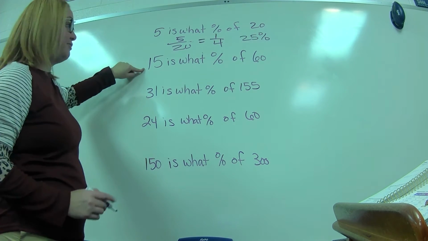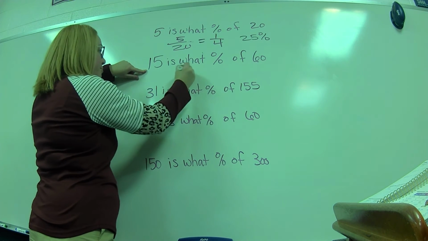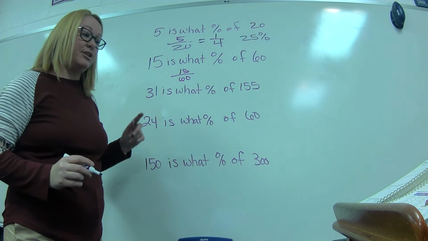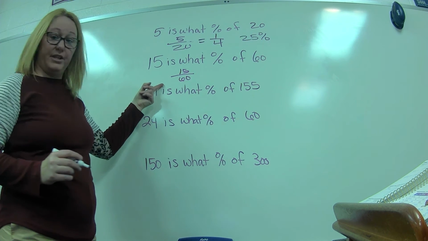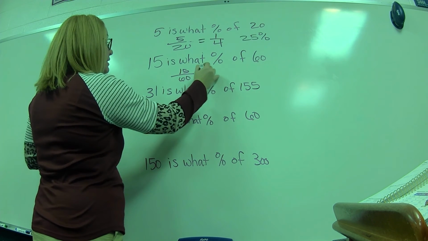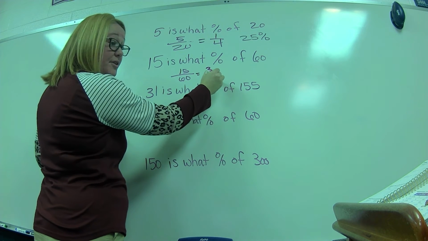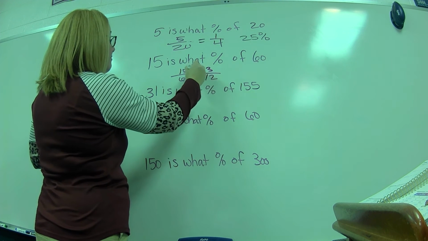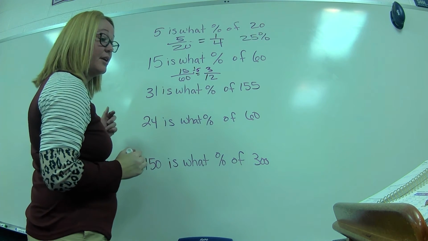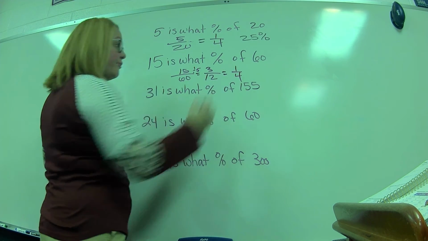All right, so we have 15 is what percent of 60? Well, first I put 15 over 60, and then I see if I can reduce 15 over 60. I can reduce it by 5, and I'm going to get 3/12, or I can reduce that to 1/4.